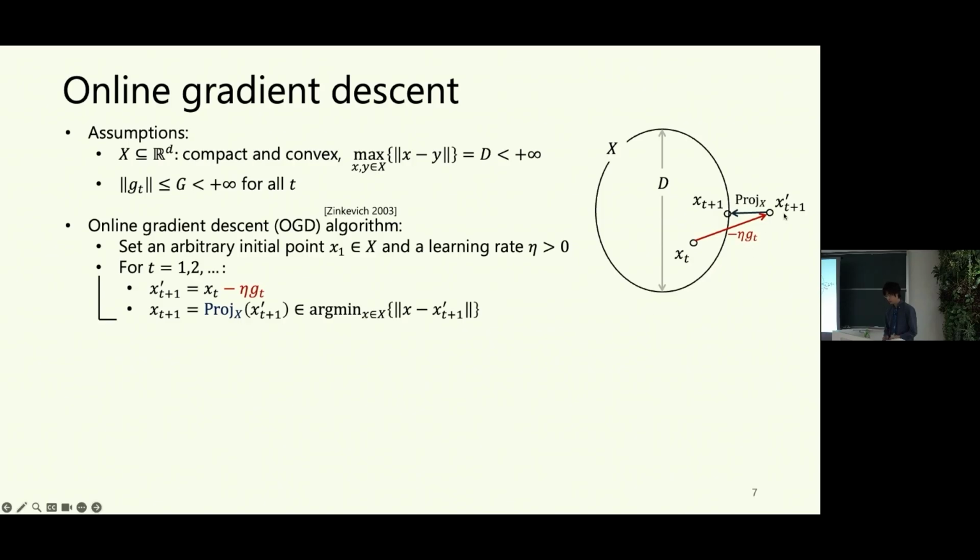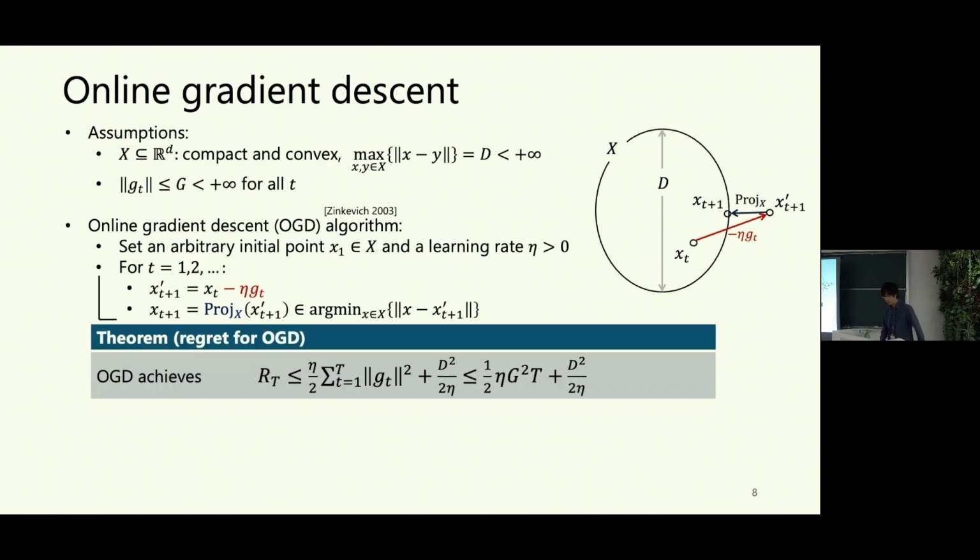And if it goes outside of the feasible region, it is projected back to make it feasible. So this is quite a simple algorithm, and it achieves a regret upper bound like this.